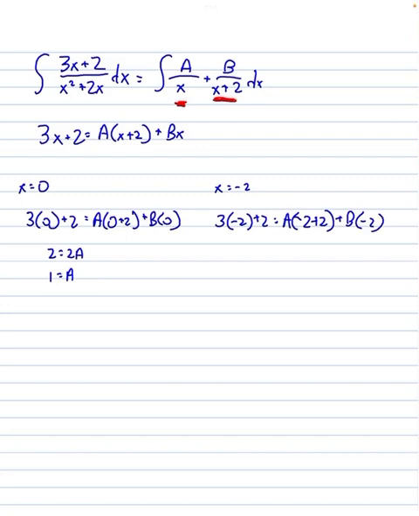On this left side, we have 3 times negative 2, negative 6, plus 2 is negative 4, which is equal to negative 2B. So 2 is equal to B, and then that's what we have.